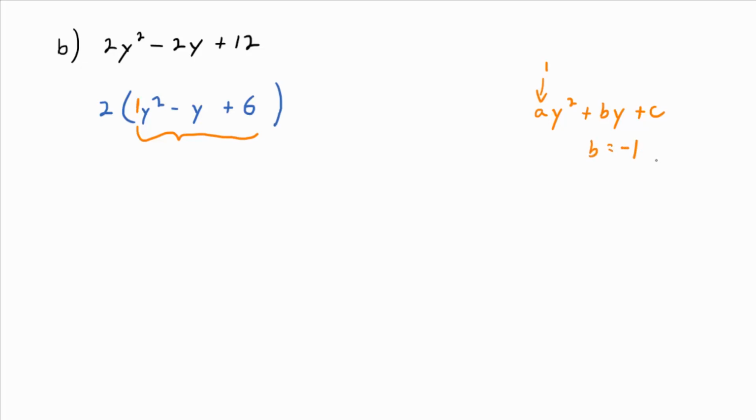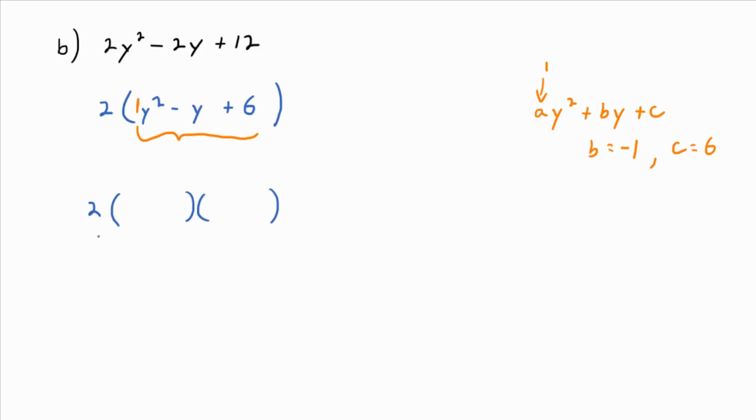B is -1 and C is 6. Okay, so then let's set up the reverse FOIL, but you should really write down that GCF of 2 so you don't forget it. Write the 2 in front and then write down the two parentheses to set up the reverse FOIL.